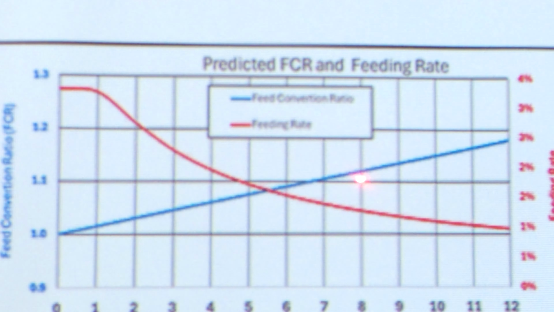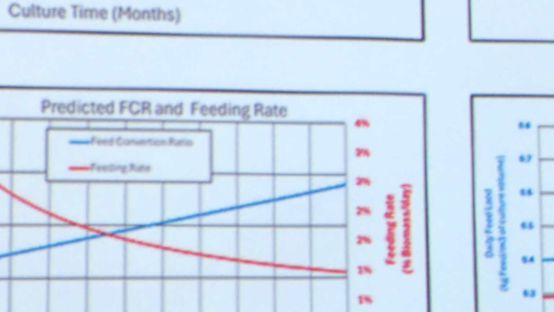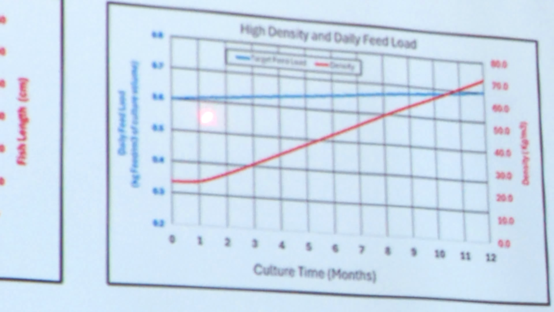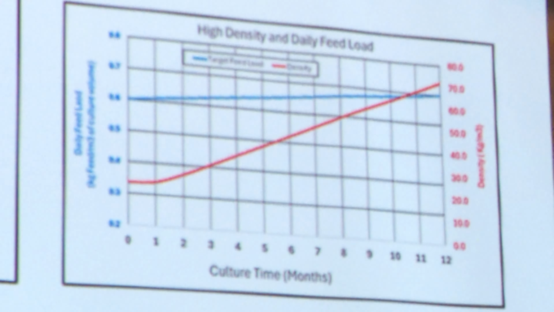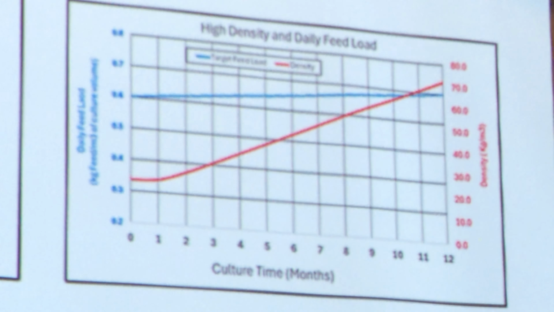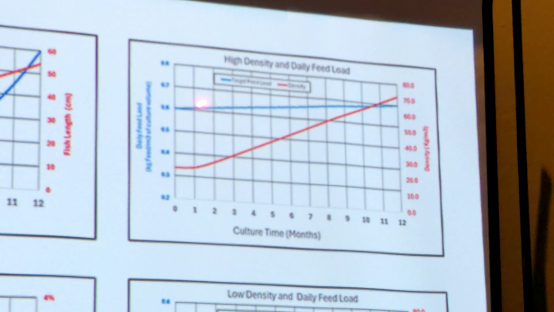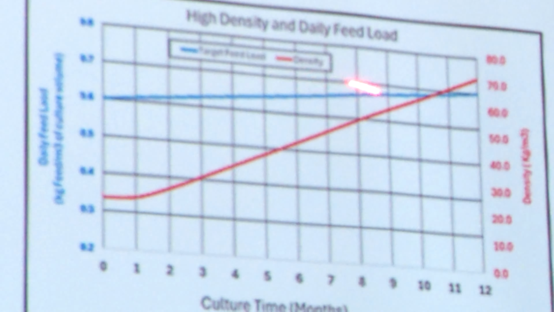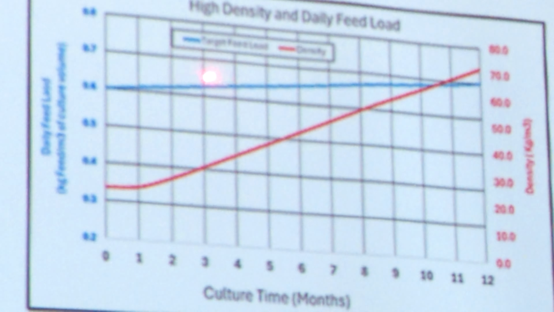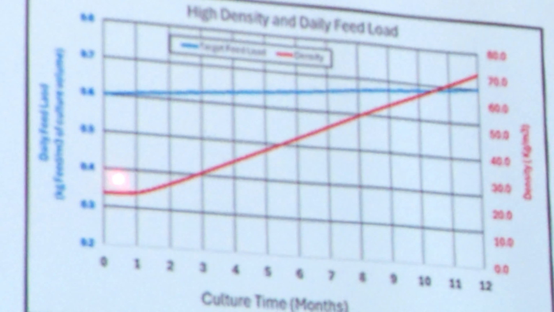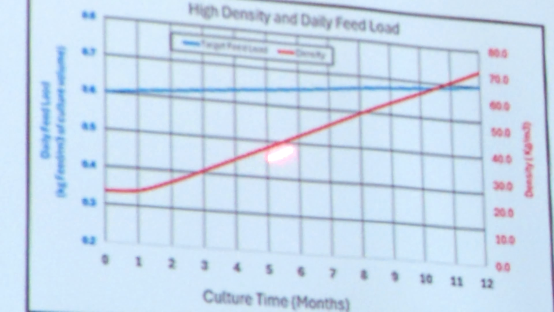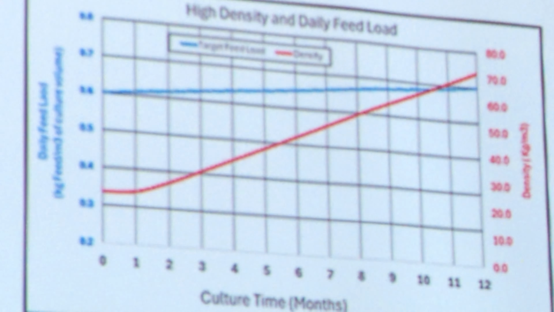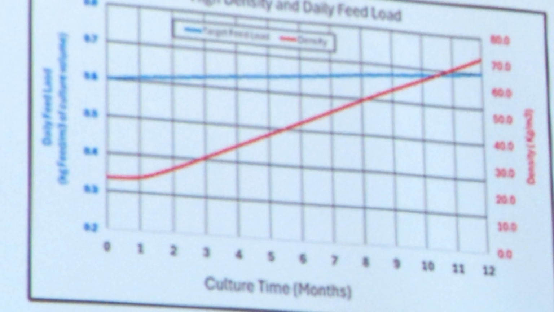So if you take that feeding rate, you can take the feed load, and what I try to do is determine a relatively steady feed load. So this blue line here represents a feed load that's going from about, I think, 0.6 to 0.7 here. And then that will calculate the density that the fish need to be maintained at throughout the whole growth cycle of that product.